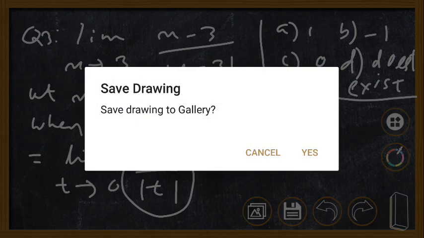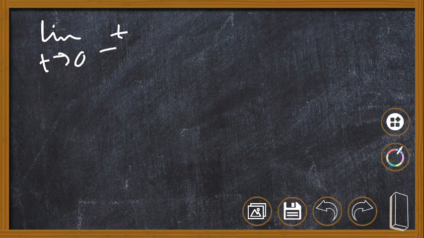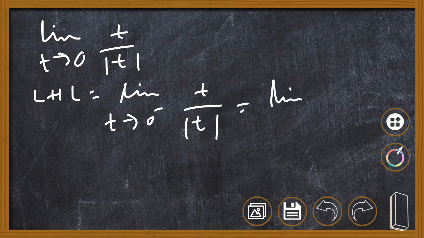Let me save this board. Now, this is limit t tends to 0, t divided by mod t. LHL is nothing but limit t tends to 0 minus, t divided by mod t.